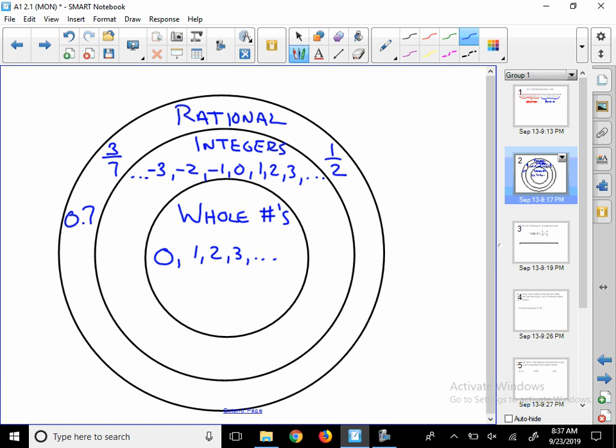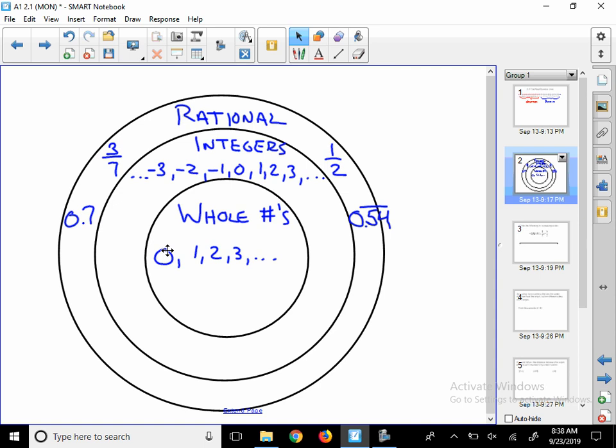Also, if the decimal repeats, so 0.54 repeating, there we go, the decimal point didn't show up. 0.54 repeating is absolutely a number that we can write as a fraction. So it repeats, 54, 54, 54, rational number.